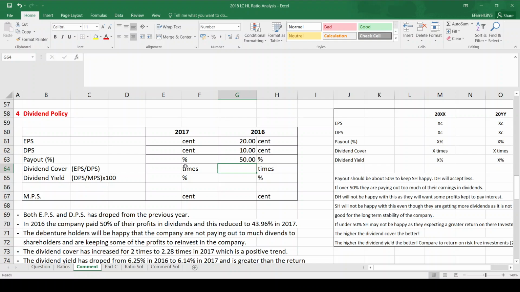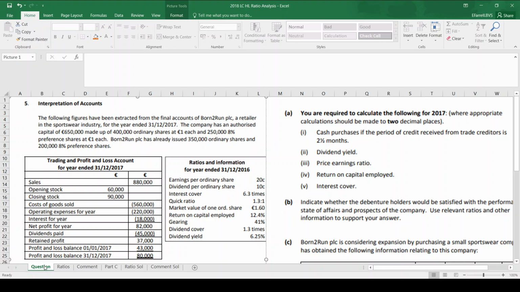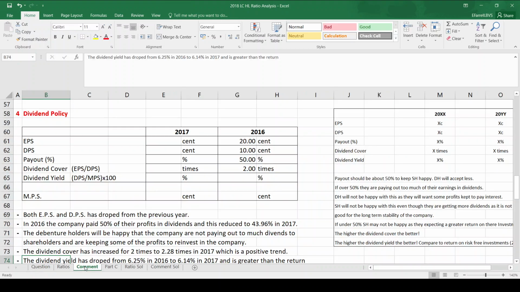The dividend cover is earnings per share divided by dividends per share. Sometimes you're given the dividend cover, sometimes you're not. In this question, it says 1.3. I think there was a mistake in this question as far as I remember. They said accept either 1.3 or 2. They should be the same, those figures. So I think there was just a little mistake in that. So we're going to go with 2.